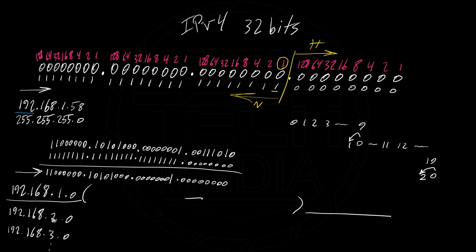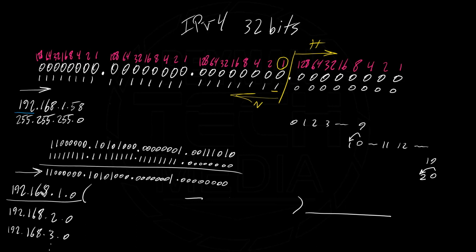So for example, you see how here is 2.0. What is the maximum, the last value in one octet? The range goes from 0 to 255. If we add one IP address, what happens? It turns to 0 and adds 1 to the left side octet, which here we can see is 2.